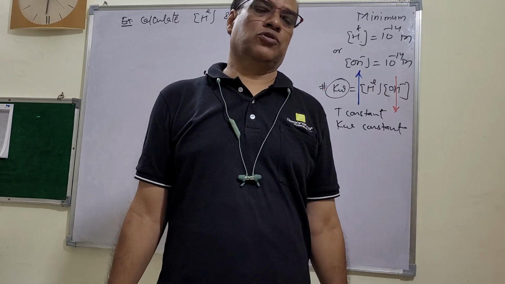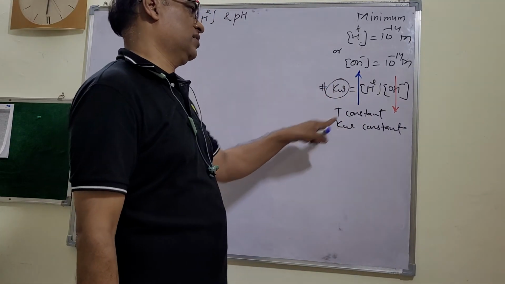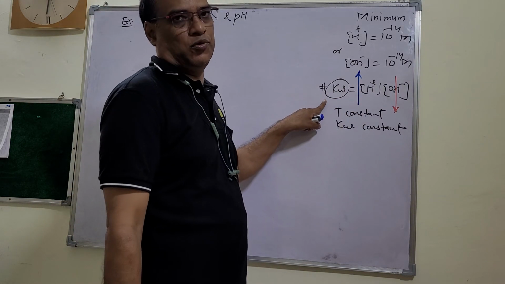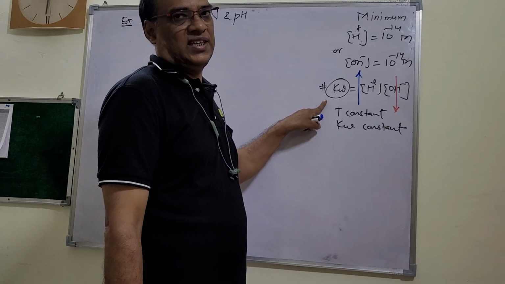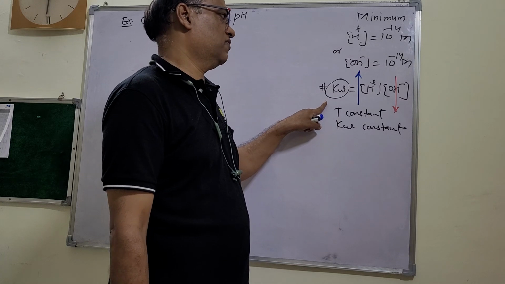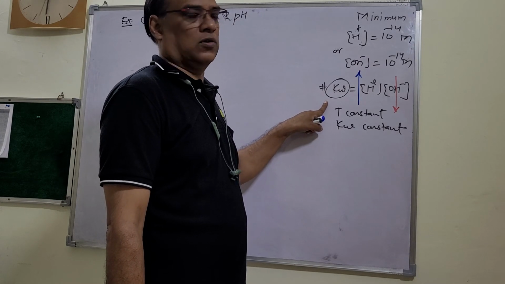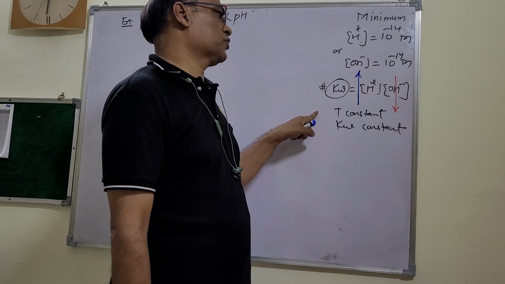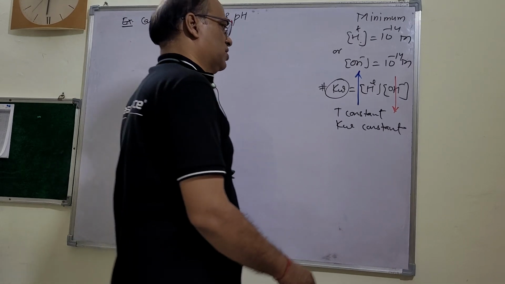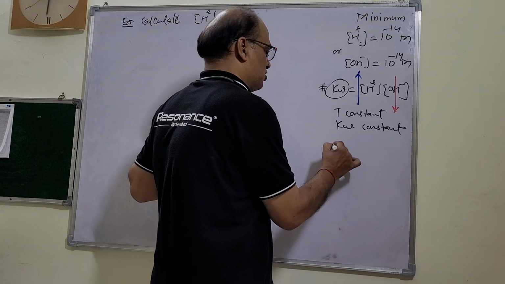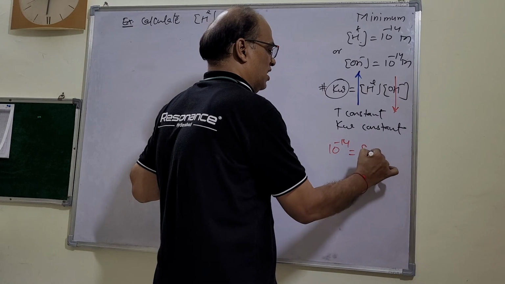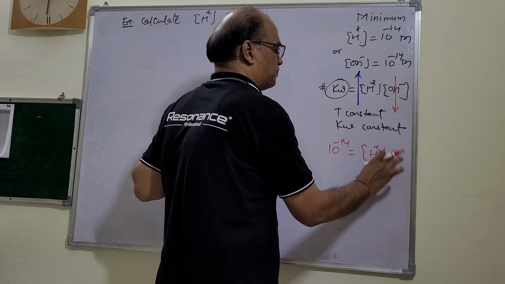In any solution, if T is constant, the product cannot be more than Kw. It is a truth, fundamental truth. 10 to the power minus 14 is a temperature dependent thing. Suppose I write like this: 10 to the power minus 14 is equal to H+ and OH-.